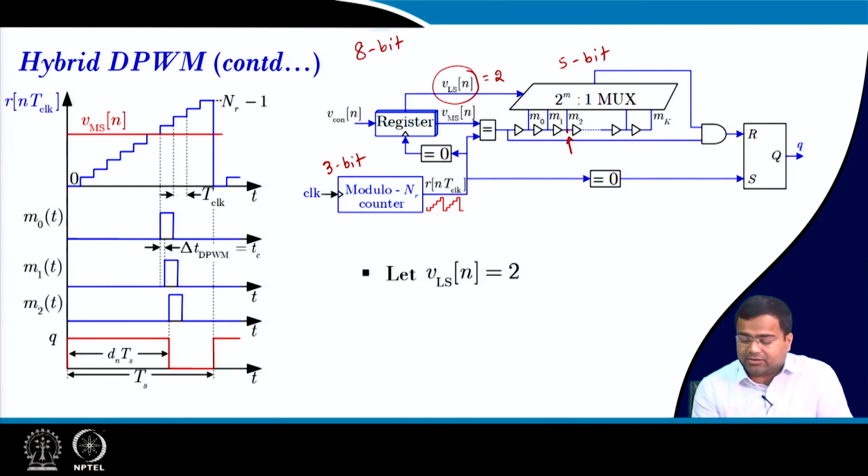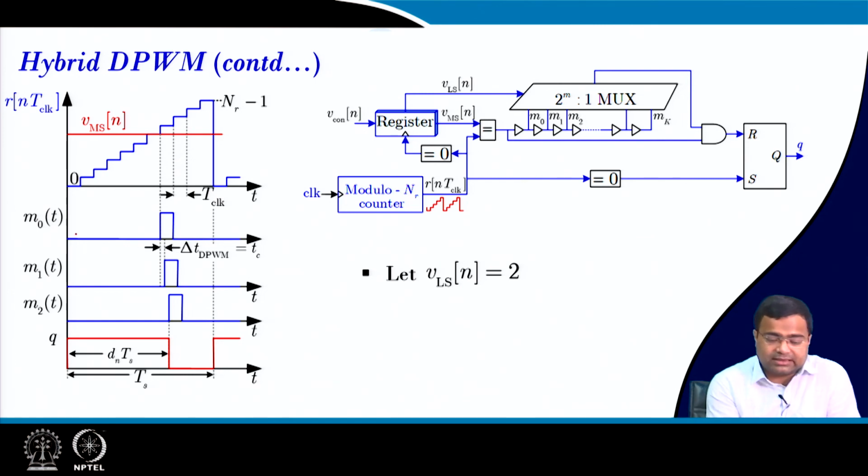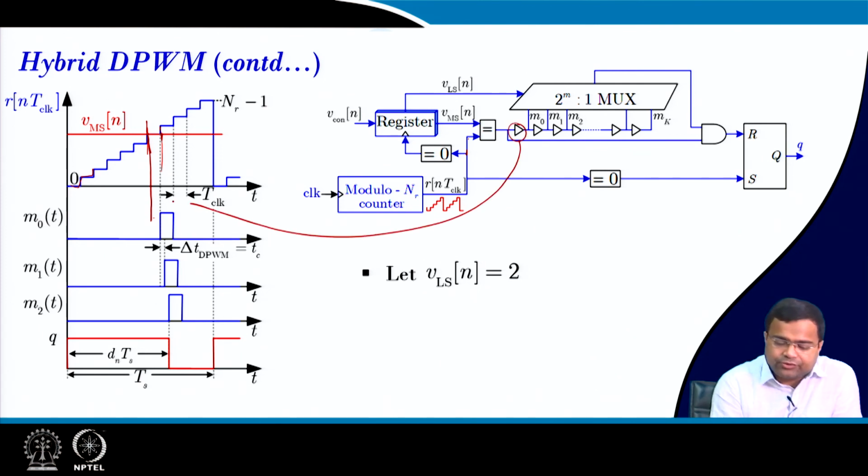Then if LSB equals 2, it will select this M0 line, and it is already a DPWM, and this DPWM resolution may not be very high, because we are using a coarser action. But once this pulse is enabled, when it crosses this point, it will intersect and the first M0 will introduce a delay, then it will go to the next stage.